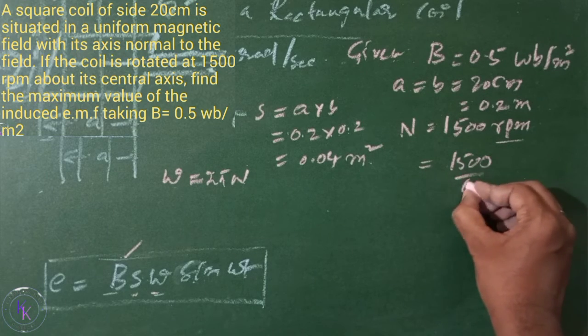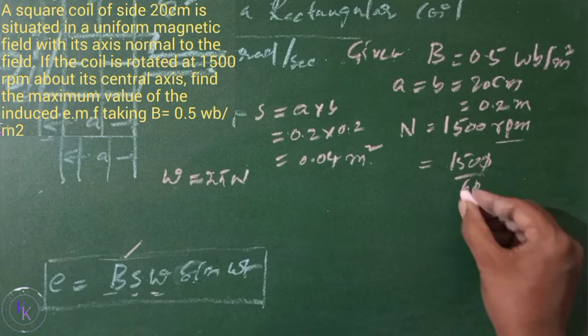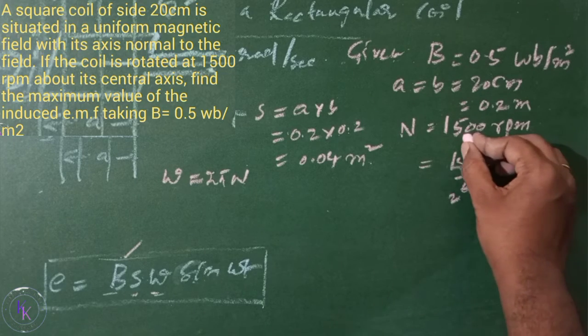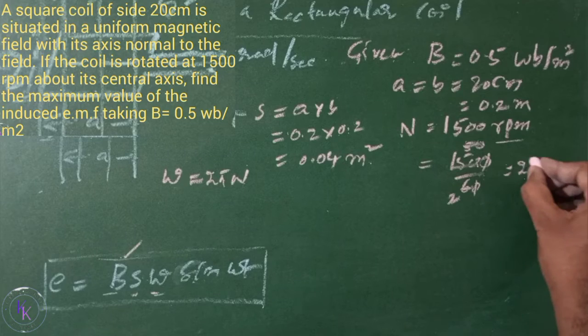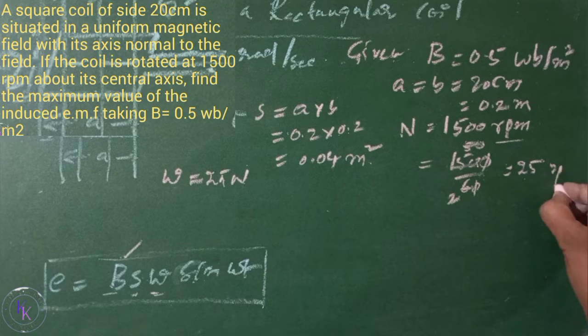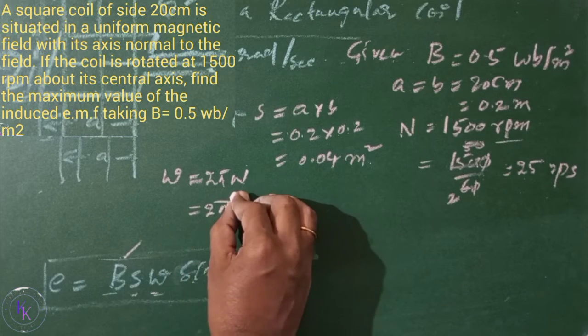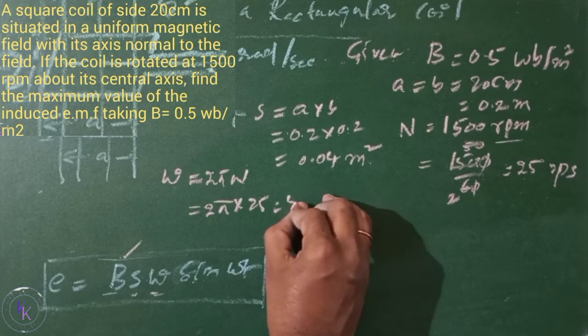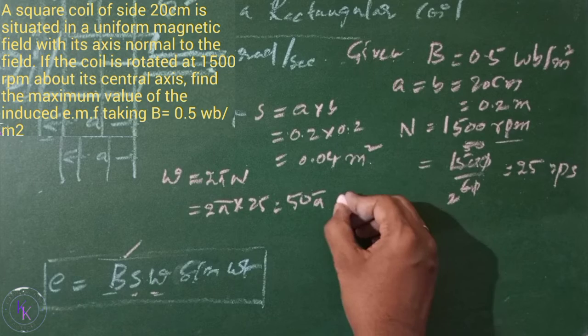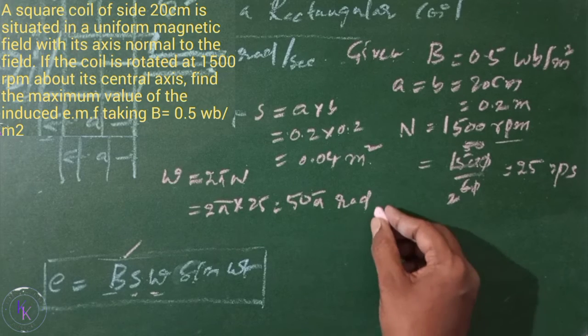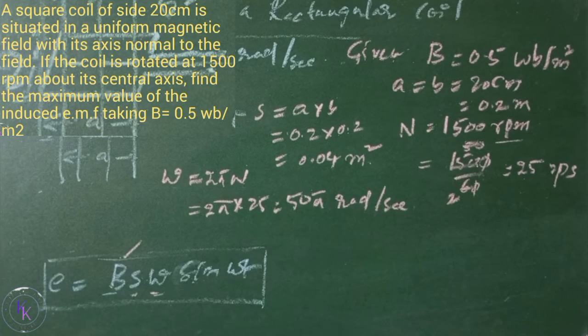So dividing by 60, we get 25 rps. Now omega equals 2 pi into 25, that is 50 pi radians per second.